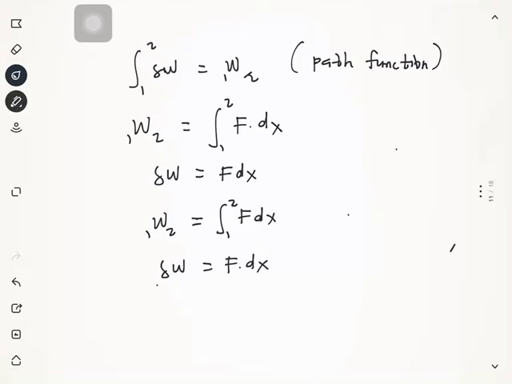Okay. So from these equations, we notice that the work differential is inexact. This is an important point, as work integrals will be path dependent, and work will not be a state variable for a system. Here, the force F is a three-dimensional force vector.